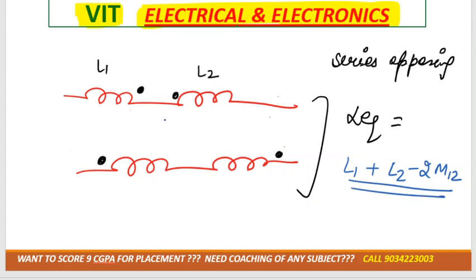L1 is again the self inductance of coil 1, L2 is the self inductance of coil 2, and M12 is the mutual inductance of coil 1 and 2. Okay, write down this one also or take the screenshot, then later on you can write it down. Okay, then done.